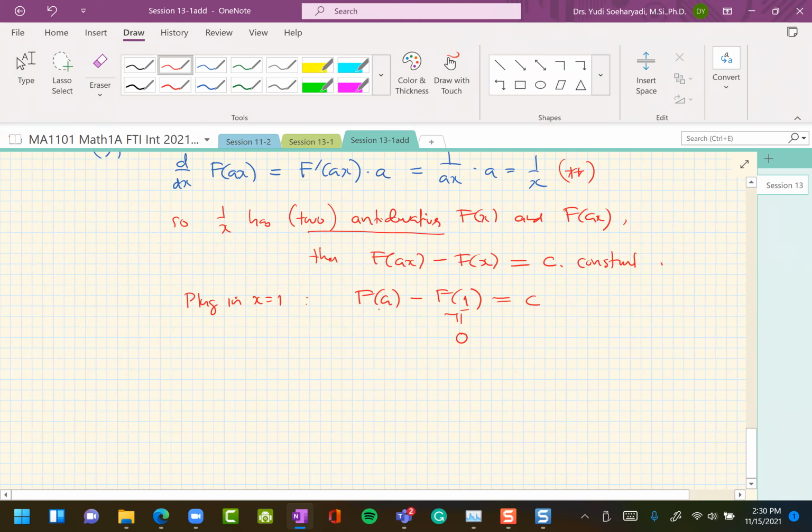So f of ax equals f of x plus c, where c is f of a. So a can be any positive number.